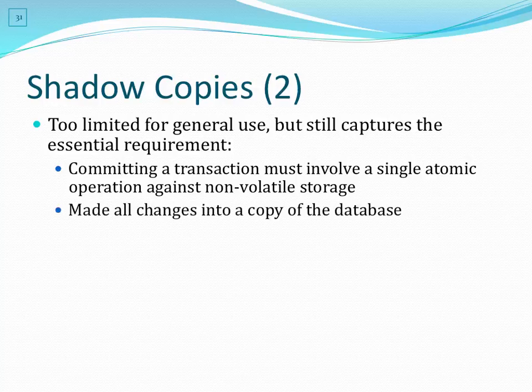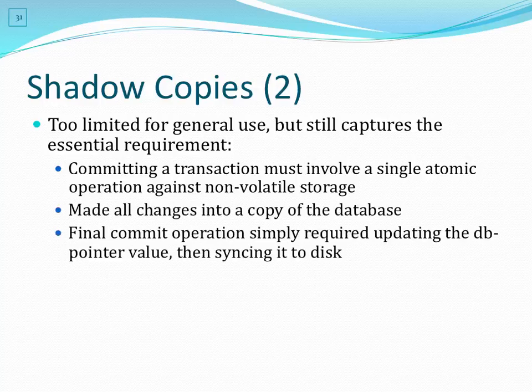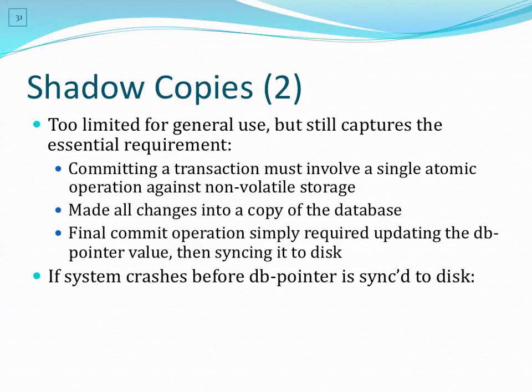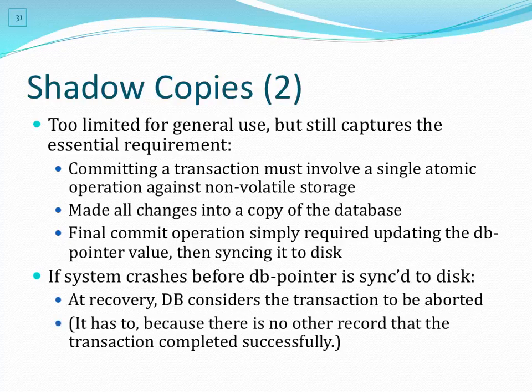So we make all the changes into a copy of the database. A final commit operation is just that one change. And so, like it says here, if the system crashes, then in recovery, the database can just abort by deleting the new version. Okay? And so you will see this fundamental approach in all of our transaction processing discussion. We have to have one thing that we do that changes it from being not committed to committed.